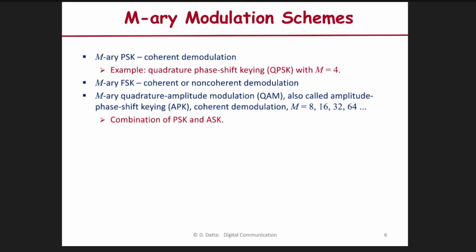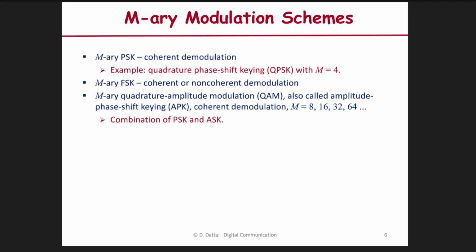A very interesting thing is that when you go for MARY, even for QPSK, where N equals 4, can you see that your symbol duration becomes larger because 2 bits are put together? 00 is represented by a particular phase, 01 by another, 10 by another, and 11 by another.